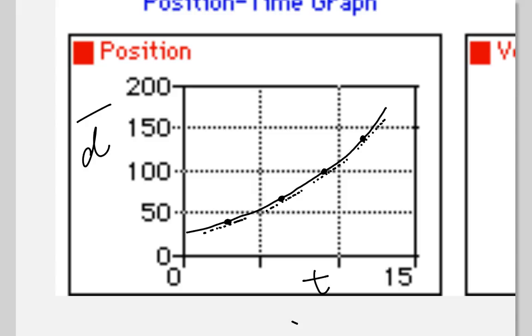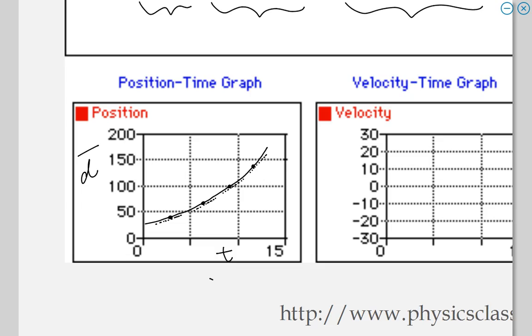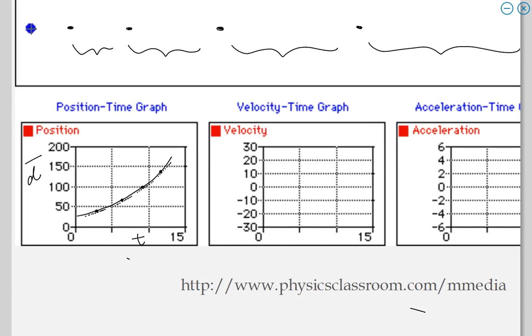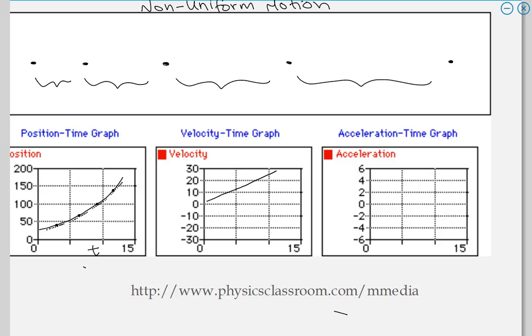So if the slopes of a dt graph are increasing, then it's speeding up. So if it's speeding up, then the velocity time graph would be linear increasing. And then the acceleration graph will be constant. So here's v versus t, and here's a versus t.